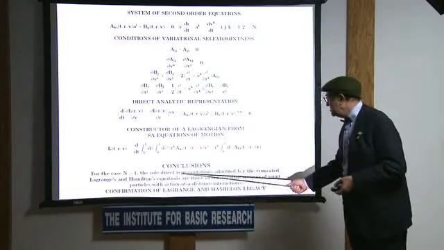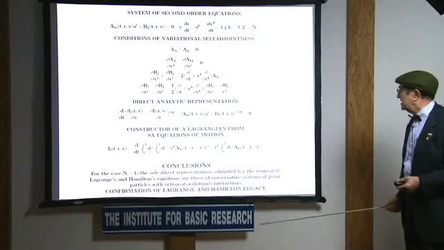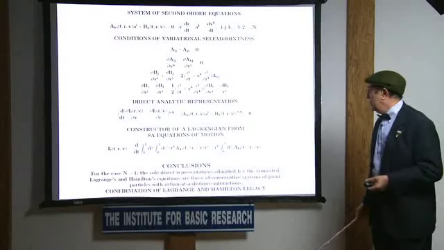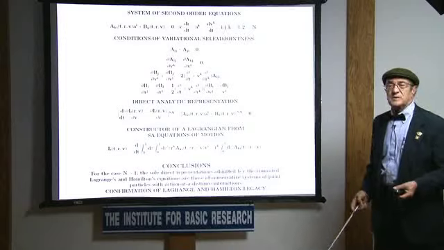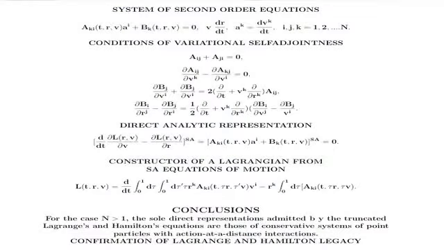And so essentially, this is the conclusion of this rather large effort. The conclusion was that there was a vindication of the legacy of Lagrange and Hamilton. Namely, dear colleagues, there are theorems in this, you can see in those books and this work.